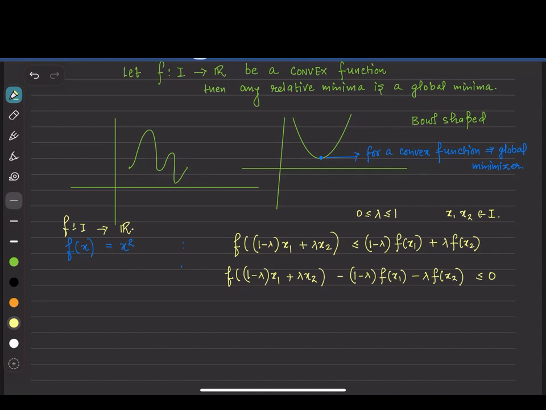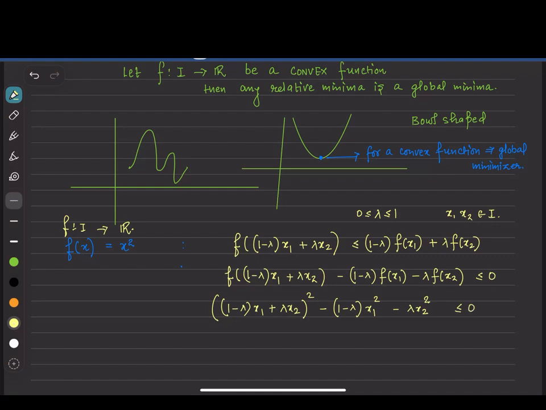So now let us put the value of the function f(x) = x square, जो x होता है उसका स्क्वायर हो जाता है, तो यहाँ f के अंदर ये है तो इसका स्क्वायर हो जाएगा. तो दिस वुड बी (1 minus lambda) x1 plus lambda into x2 का होल स्क्वायर, क्योंकि ये भी अंदर थी, माइनस (1 minus lambda) f at x1 यानी कि x1 square minus lambda into x2 square. We need to show that this inequality is true.